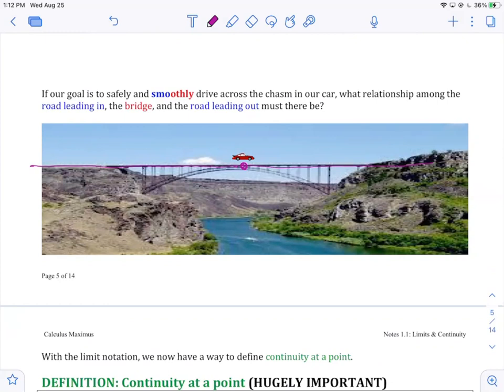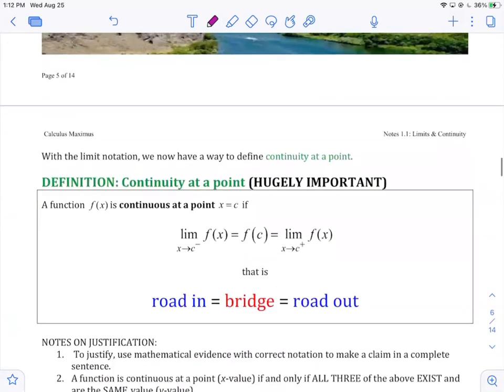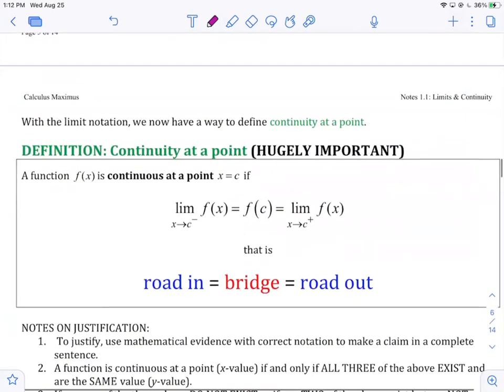This brings us then to one of the most important parts of this section, the three-step definition of continuity at a point, okay? And when we say continuity at a point, we can either mean that to be at the x value, or because it'll be continuous, it could be the ordered pair, all right? So let's talk about it. A function f now is defined to be continuous at a point x equals c.